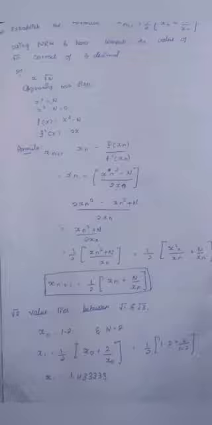f(x) is equal to x square minus n, so f dash of x comes to be 2x, and substituting in the formula we get xn minus f(xn) divided by f dash of xn.